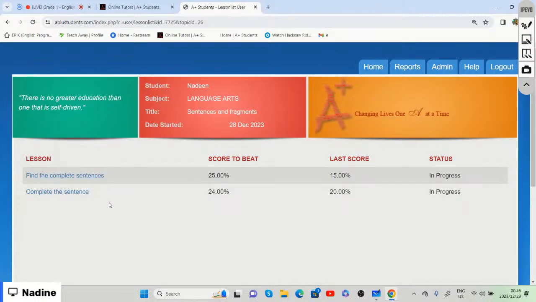All right, so that is now it for our chapter on sentences and fragments. We said a complete sentence has both a naming part, which is a noun, as well as an action part, which is a verb.